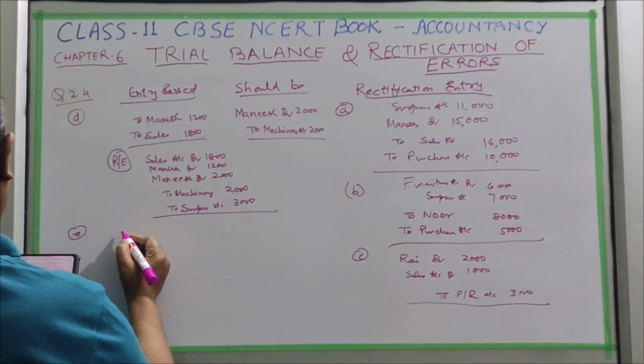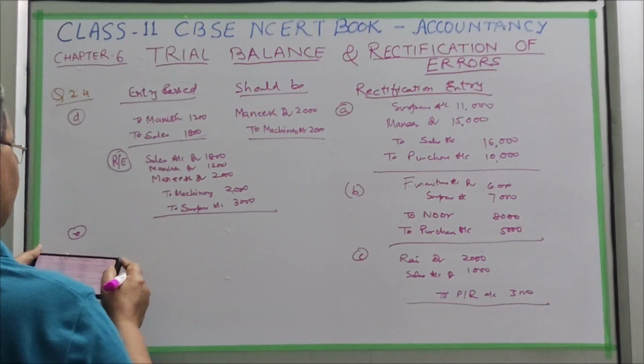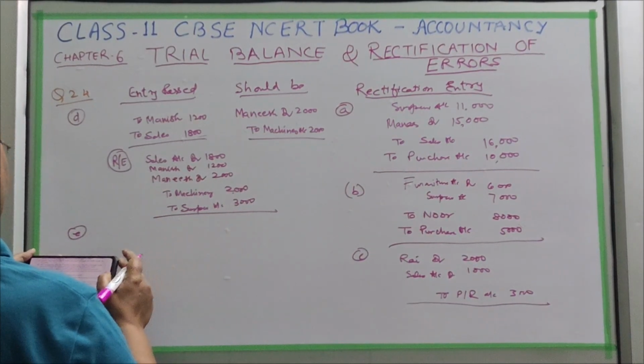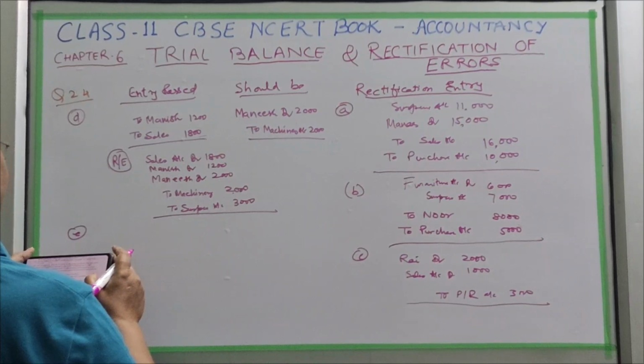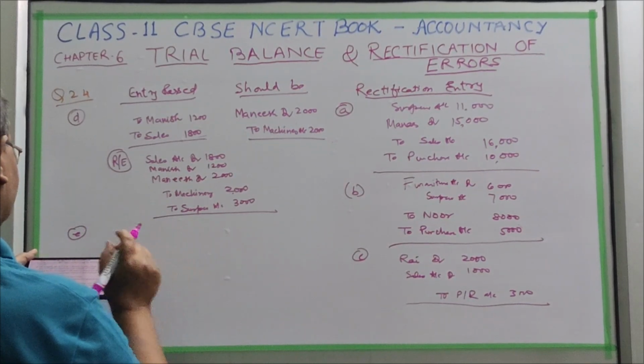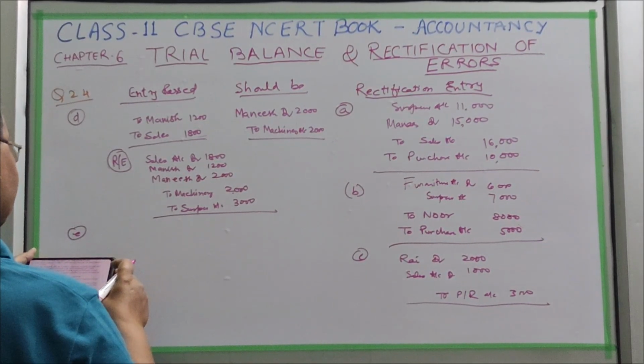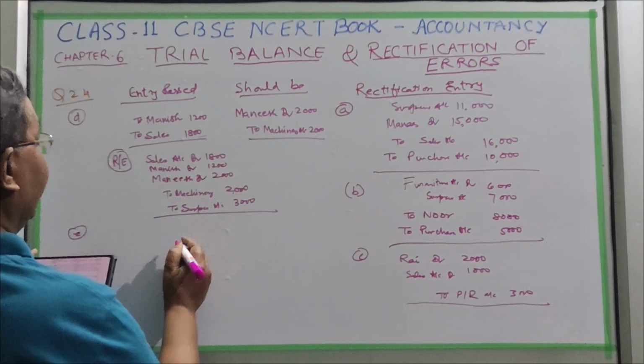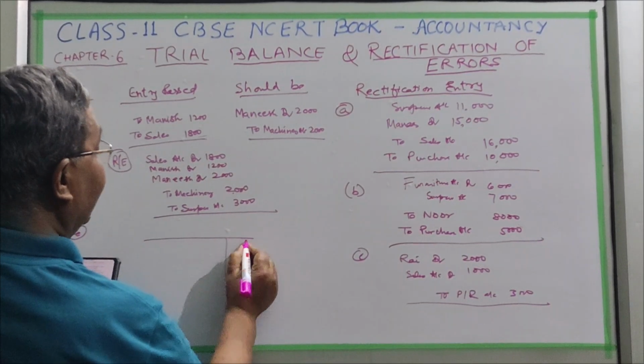Total of return inwards book 2000 posted to purchase account. So return inwards total book was posted to purchase account. So it was directly in the trial balance. What happened in the trial balance?